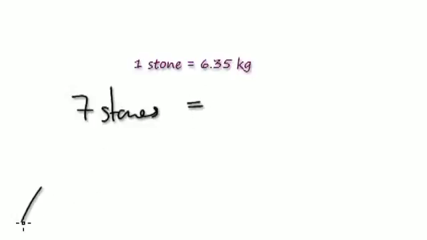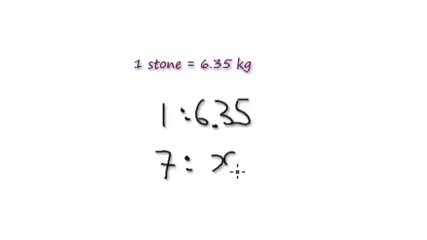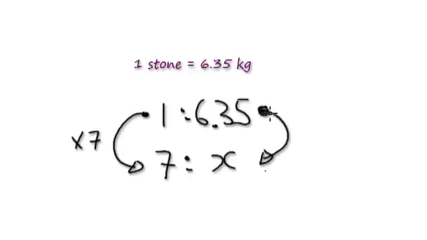Press pause and have a go. Start by summarizing this: 6.35, and you've been given 7 stones, and you want to know what's that in kilograms. Again, you start here, and the multiplier is easy, it's 7. To jump into the x, you start here and times 7.